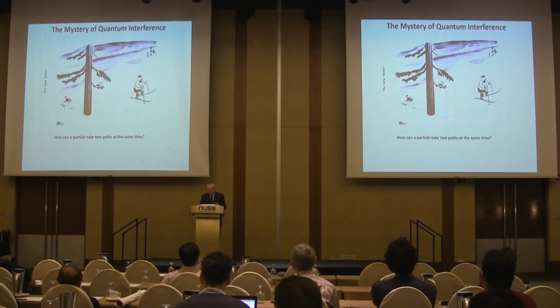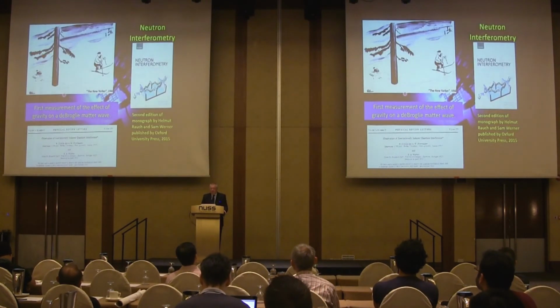And we don't really see what goes on around the tree, but we do have the clear evidence of the outcome in neutron interferometry. Now, this is a mature technique pioneered in Vienna by Bonse and particularly Helmut Rauch.